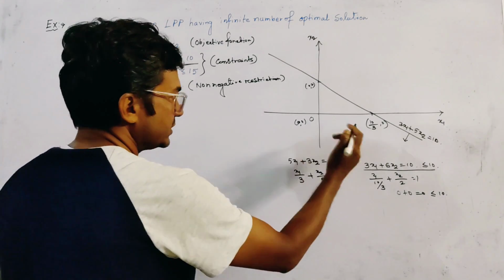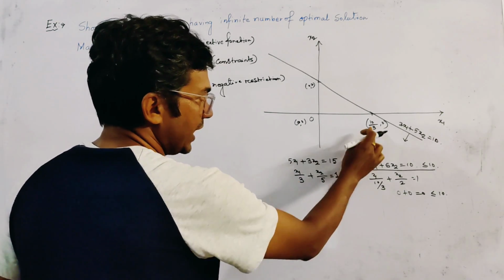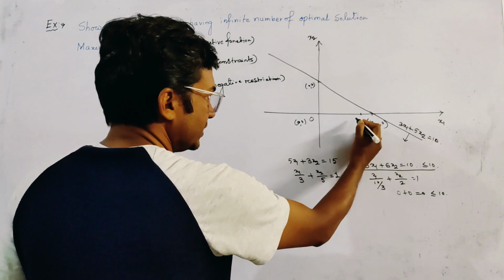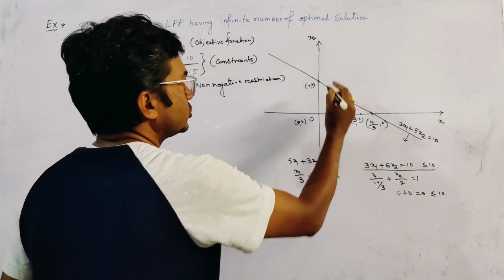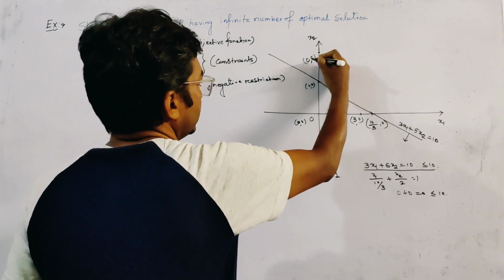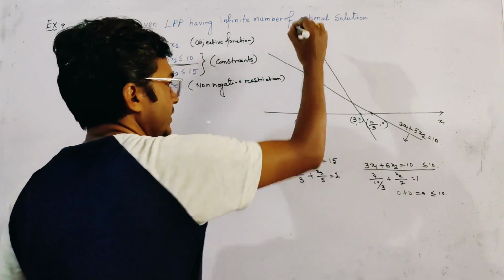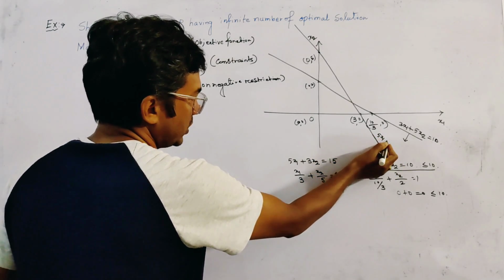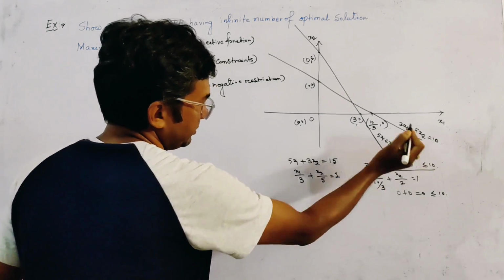So we get the point (3, 0), and 10/3 is greater than 3, so let it be at the point (3, 0), and (0, 5). We draw the straight line, and we write here 5x1 plus 3x2 equal to 15.